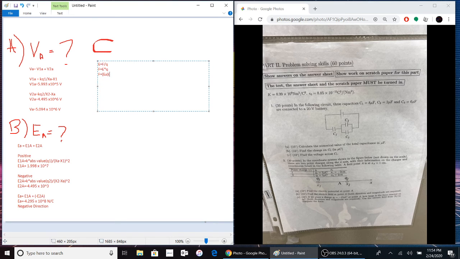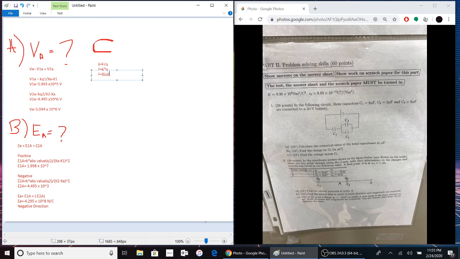Times Q, and Q is negative 15 from the problem for part C. Actually, I said I'd do a derivation step. I'm sorry, I'm just not getting this done right now, apparently.